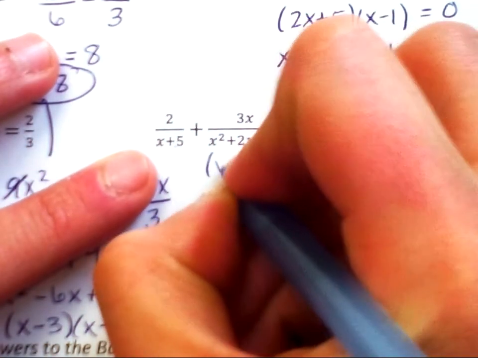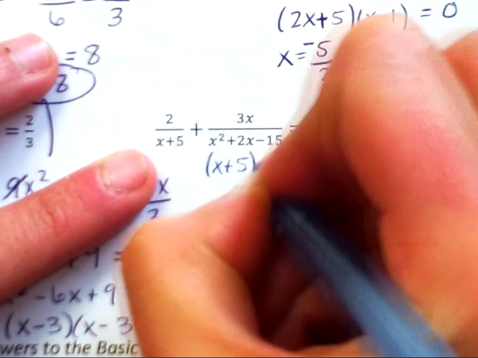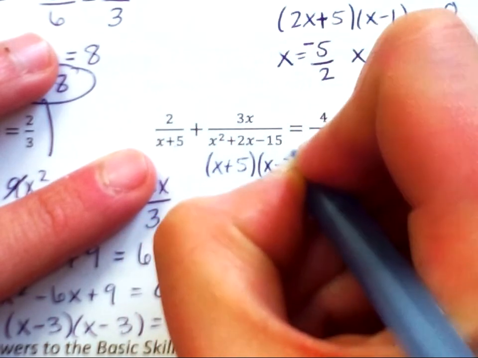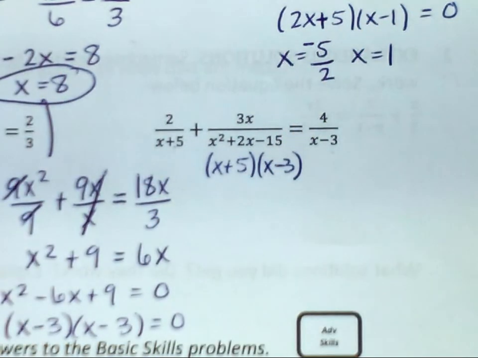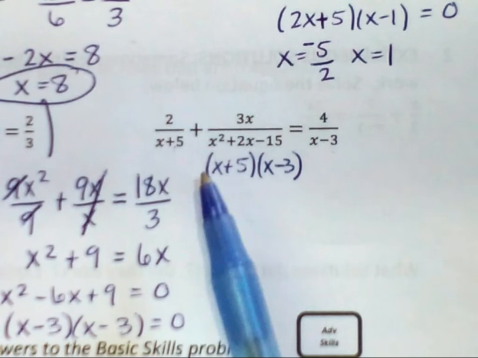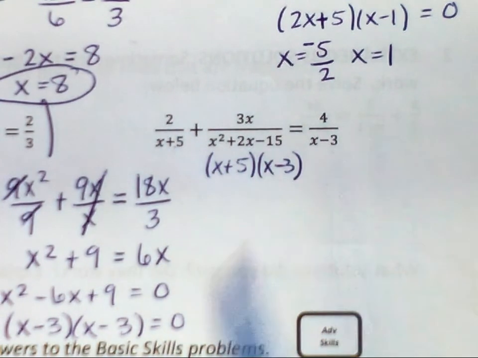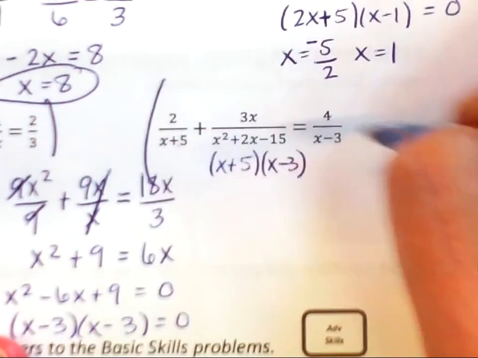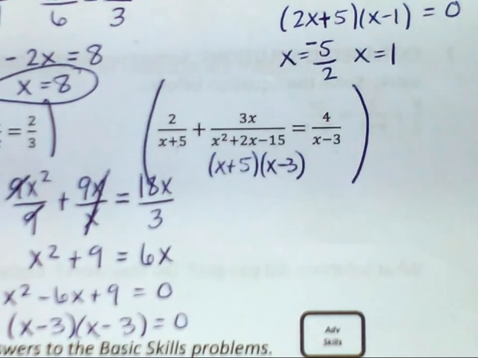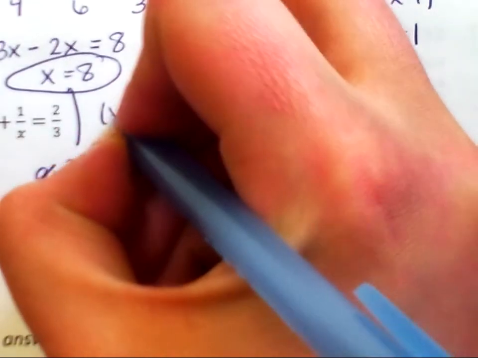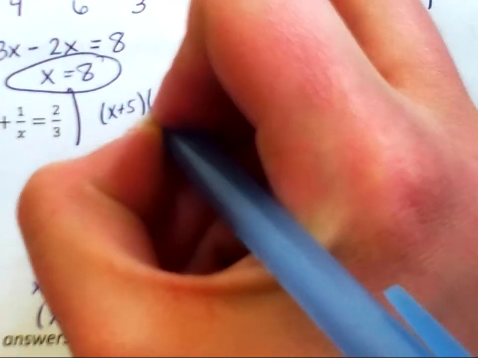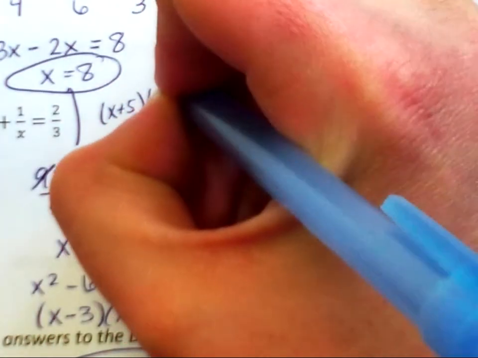This would be x plus 5, x minus 3. Which is kind of cool because we already had an x plus 5 and we already had an x minus 3. So the fraction buster is going to be both the factor x plus 5 and the factor x minus 3.